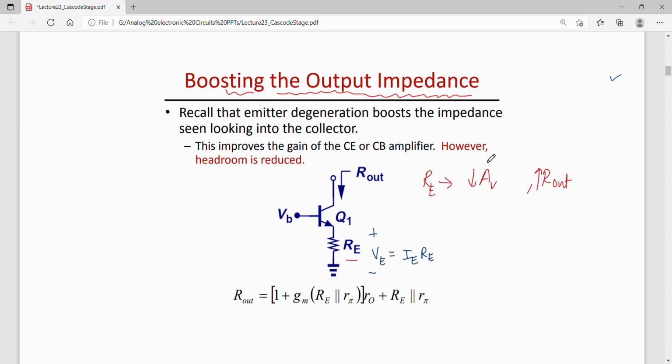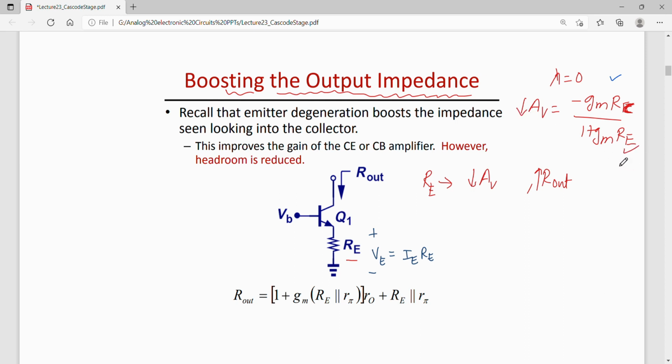One can write the gain of this common emitter configuration with RE as minus GMRC by 1 plus GMRE. So if there is RE, then 1 plus GMRE has to be there in the denominator. Otherwise, it is simply minus GMRC, when lambda is 0. But if you include RE, then obviously the gain goes down because of this RE.